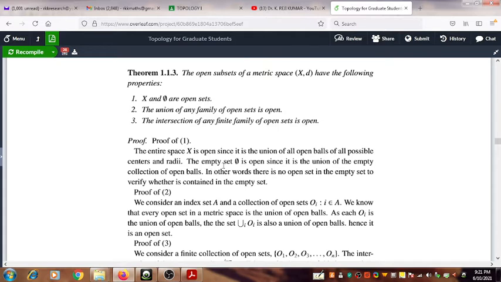But the empty set, the null set, is open since it is the union of an empty collection of open balls. The null set contains no points, so there is nothing to check, and the result follows trivially.